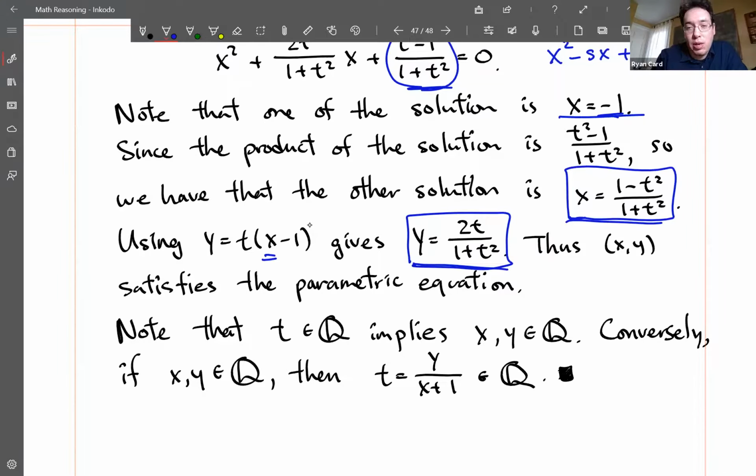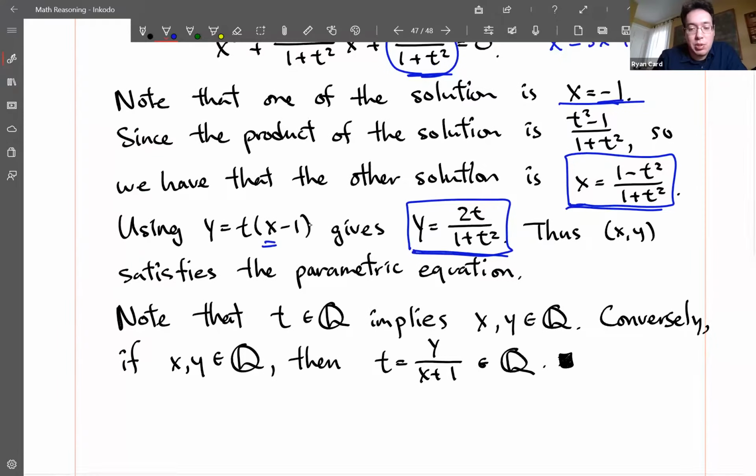There's one more part to the theorem that we haven't discussed yet, which is that if t is rational, then the point coordinates on the circle are also rational. We could check this out. If t is a rational number, then 2 times t is a rational number, and t squared is also rational, so 1 plus t squared is also rational. This comes from the fact that rational numbers are closed under multiplication, addition, and division.